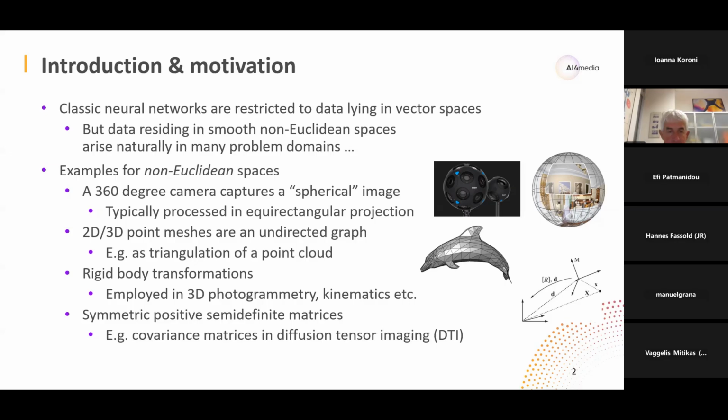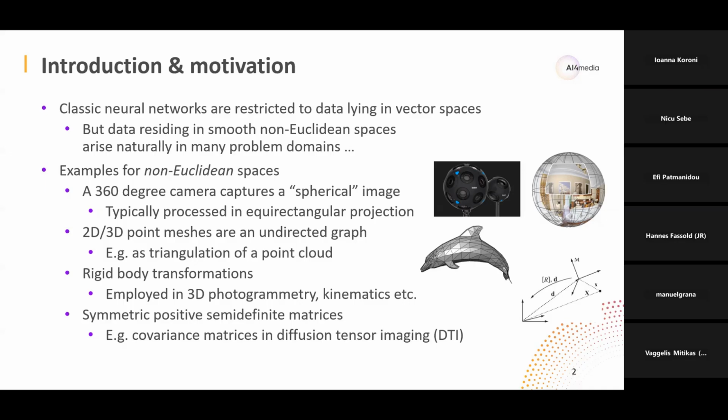Or if you have 2D or 3D point meshes, you're having a sort of undirected graph. For example, if you get those as the triangulation of the point cloud.